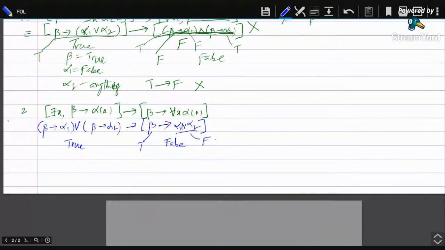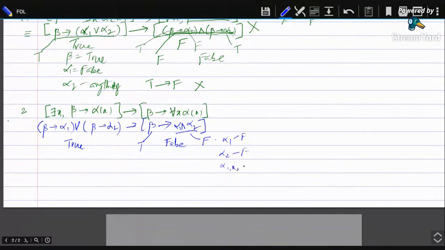And the right hand side here is made up of two things, alpha 1, alpha 2 with conjunction. Therefore, either alpha 1 can be false or alpha 2 can be false, or both can be false. Any one can be used to ensure that this right hand side is false. So some possibilities for this.